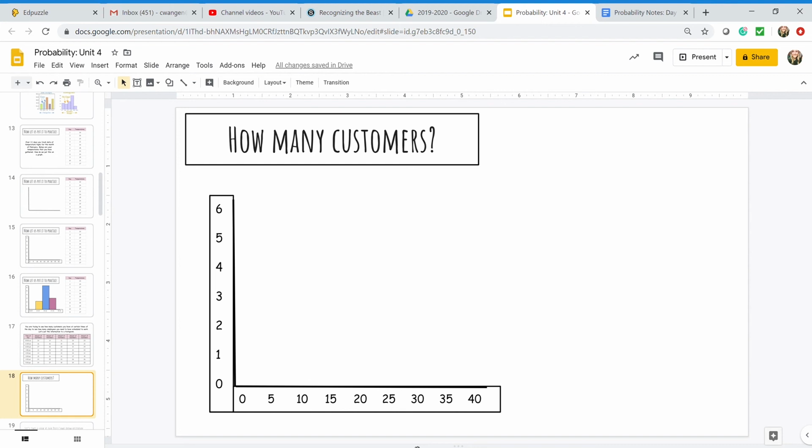So you're going to want to put your time frames over here. Your time frames are going to go vertical, all right? So you're going to go 10 to 11, 12, and so on. And then here is where you're going to put how many customers you had in all.